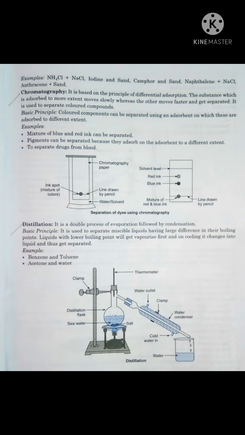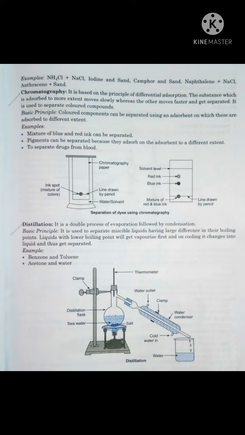Mixture of blue and red ink, these are the examples. Pigments can be separated because they adsorb on the adsorbent to different extents. You see the picture. Separation of dyes using chromatography. On the left hand side and right hand side you see the different marks: blue ink, red ink, and solvent level. This is how we can separate the mixture.